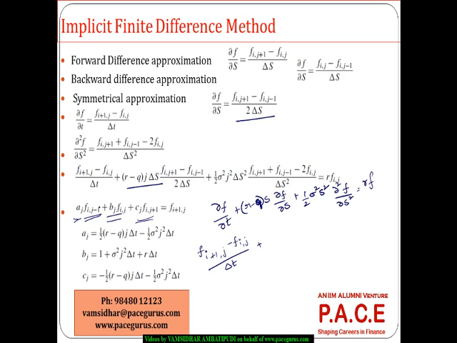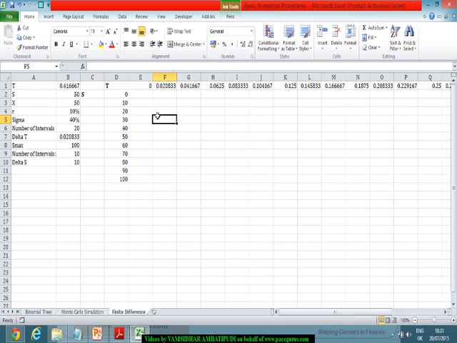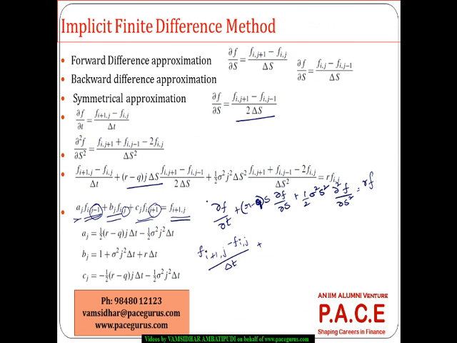So at a particular time i, we are taking the three prices j minus 1, j and j plus 1, and that is what is giving me the value corresponding to i plus 1 comma j. These three values are giving me that value.